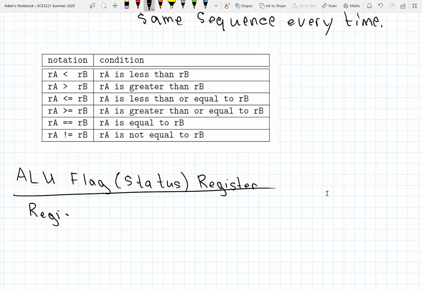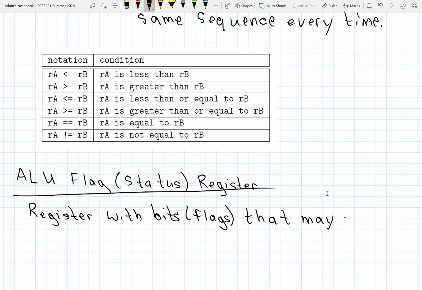It's just a register with bits, which we often refer to as flags because they're flagging that some condition may be true or false.